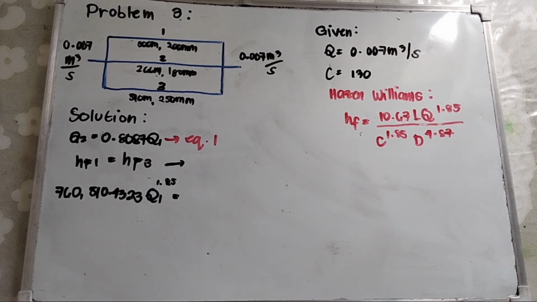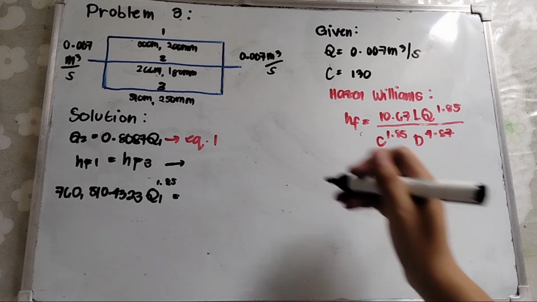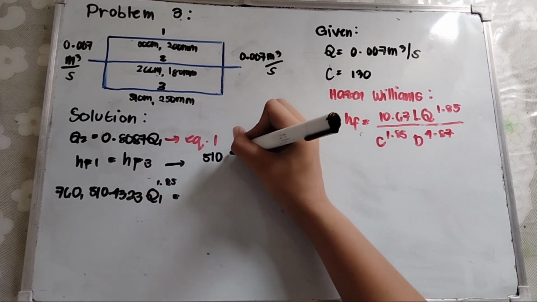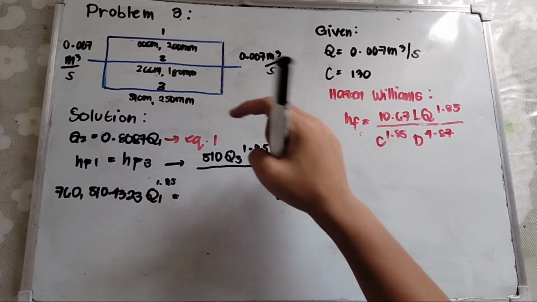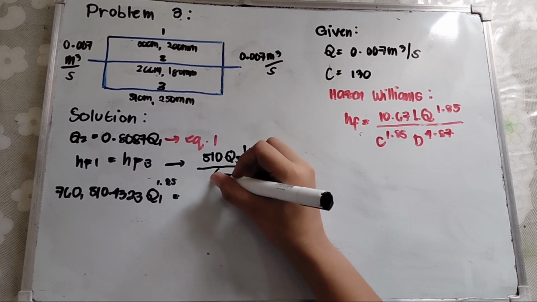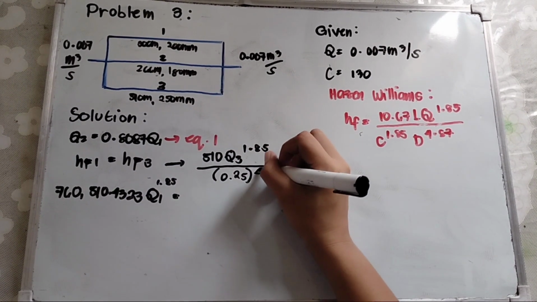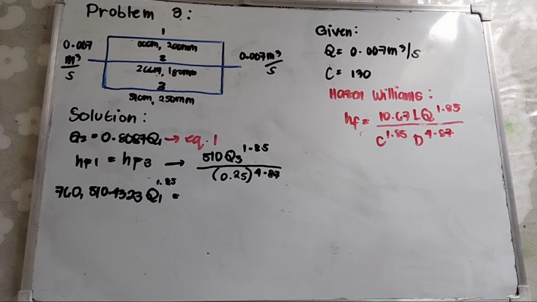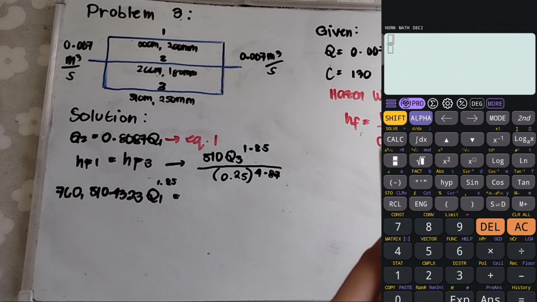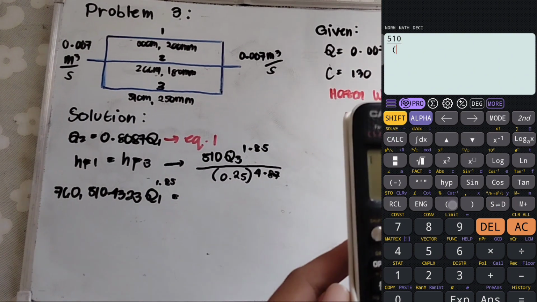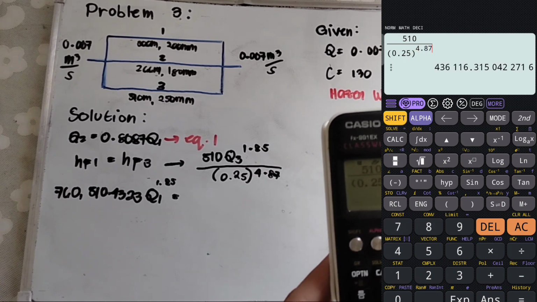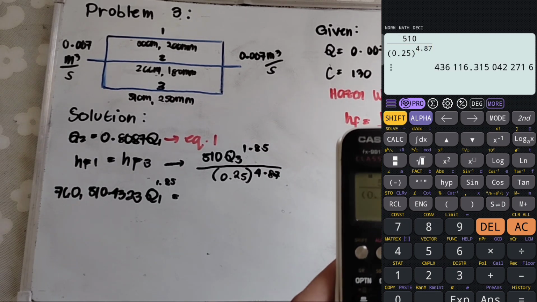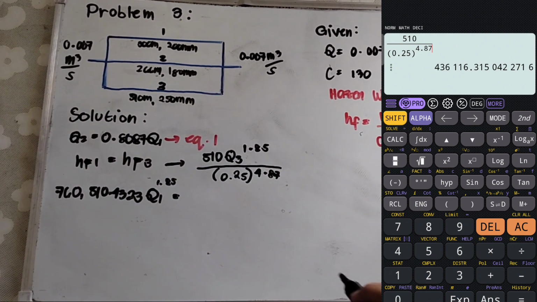Now, we just simply need to divide the length over the diameter, in which it is 510 meters over 0.25 raised to 4.87 times Q sub 3 raised to 1.85. We're able to come up with a value of 436,116.315 Q sub 3 raised to 1.85.